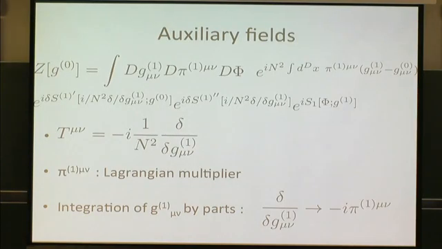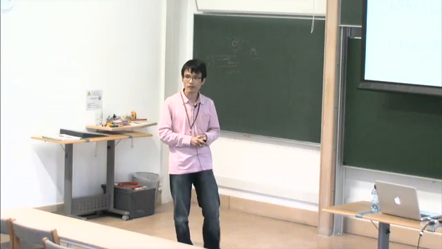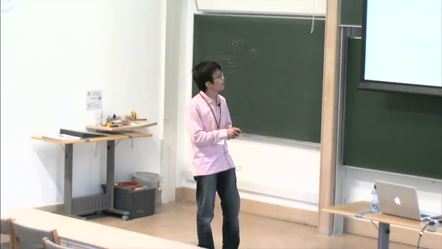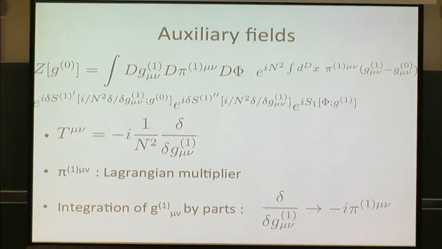So for example, what is the energy momentum tensor? The energy momentum tensor is nothing but the derivative of your action with respect to your metric. So every energy momentum tensor that you have in S1 prime and S1 double prime in the quantum correction, including the double trace operator of the energy momentum tensor and the single trace energy momentum tensor, you replace by the derivative with respect to your metric.